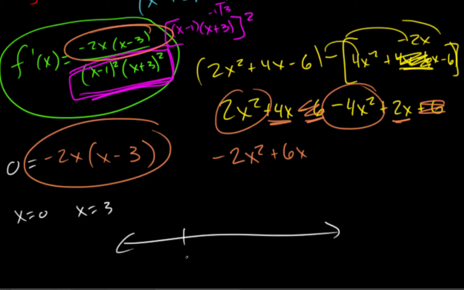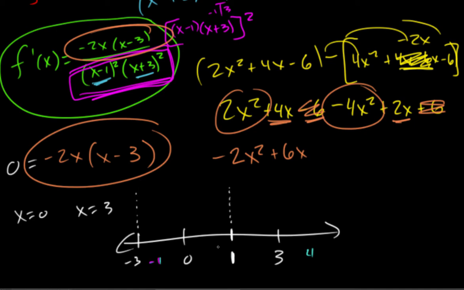So our sign diagram is 0 and 3. Oh, we also need to do asymptotes. So we have positive 1 and negative 3.